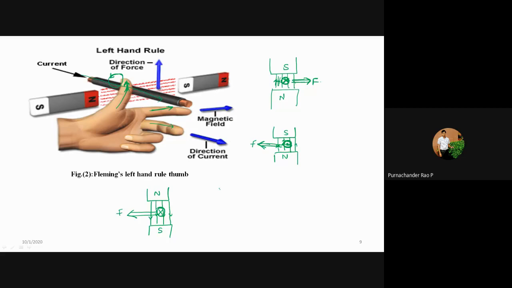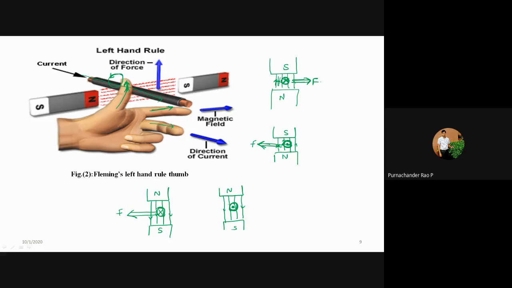In the other case, this is the North Pole and this is the South Pole again. The same flux is produced here, so the direction of flux is from north to south, and here the conductor is placed, and this conductor is carrying a current outwards.